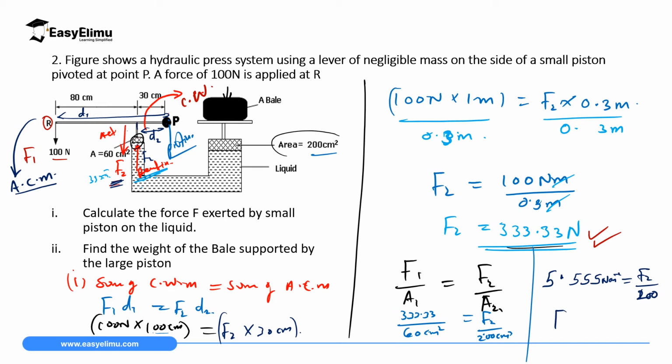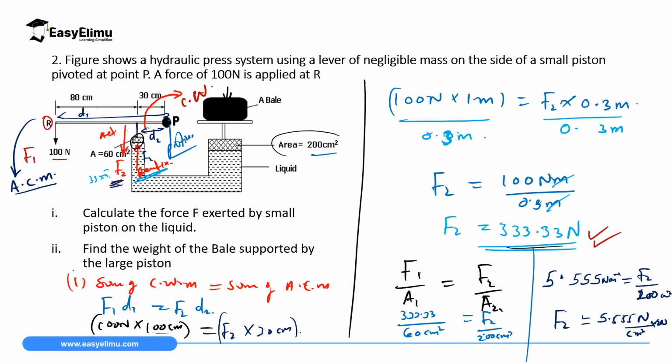So for us to get F2, then we multiply 200 centimeters square times this 5.555 newtons per centimeter square.